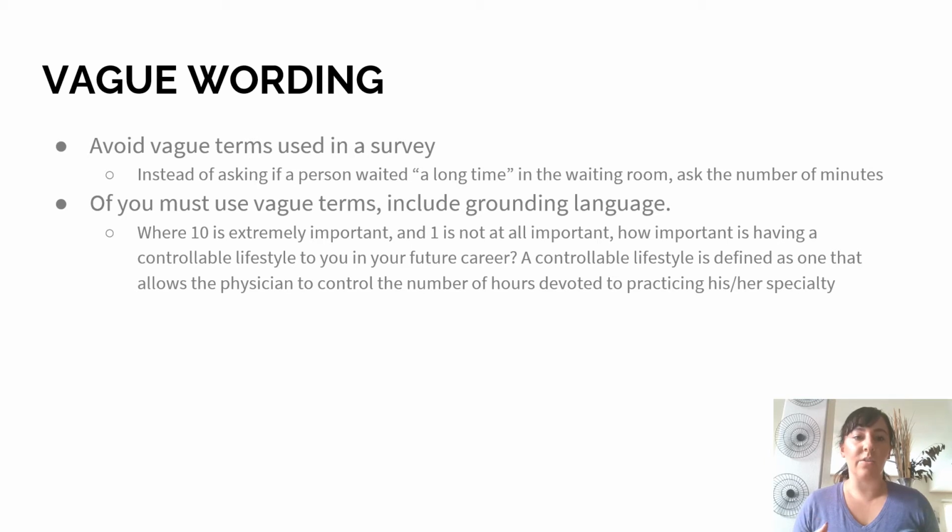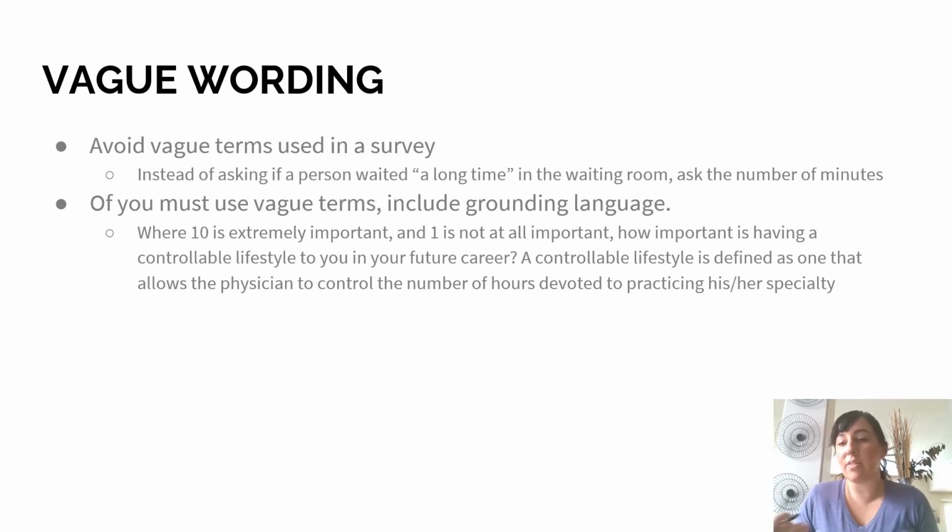The question is, on a scale of 1 to 10, where 10 is extremely important and 1 is not important at all, how important is it for you to have a controllable lifestyle in your future career?